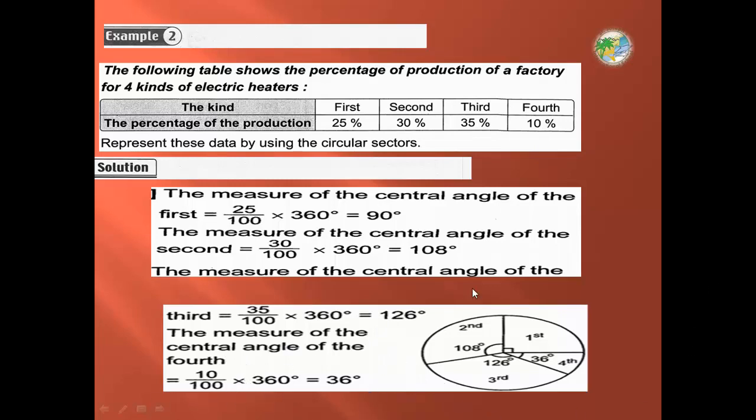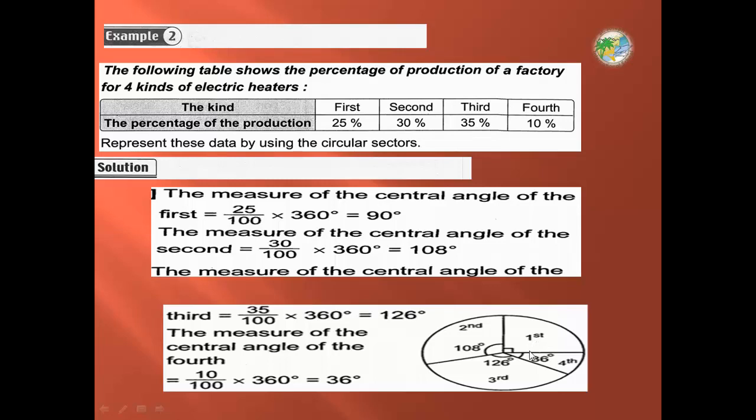We draw the circle, okay, any circle with any diameter. Open your compass, determine the center and draw the circle with any radius. We draw the circle using a radius, or with the length of the radius.